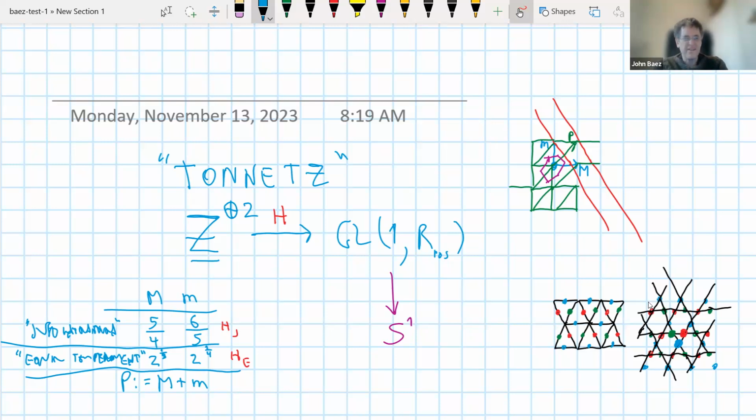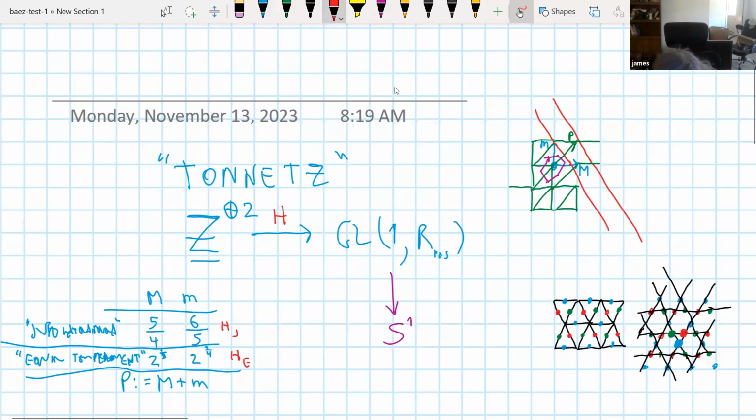I think that's right. So let's think about how PR and L work. So where are PR and L? Don't tell me. Let me see if I can figure it out. P stands for parallel. So I think it looks like blue is parallel.